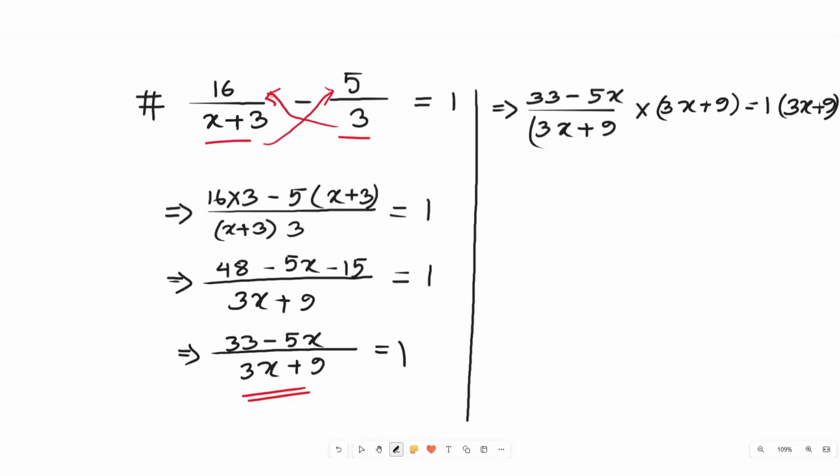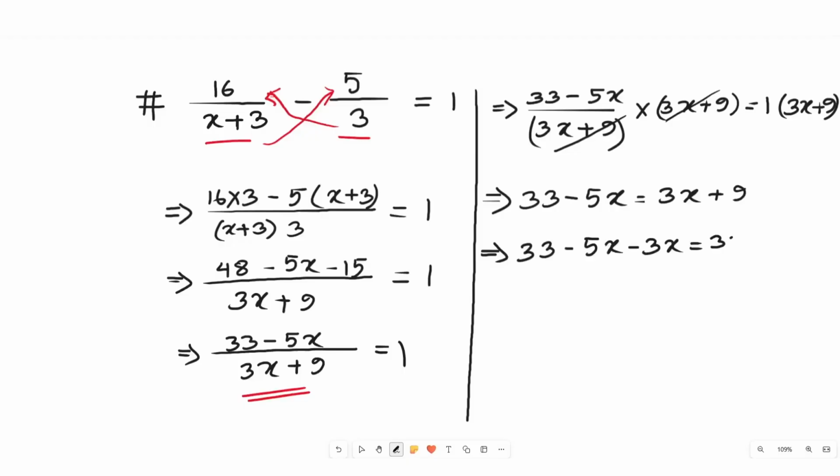Now, if we cancel out 3x plus 9, we'll get 33 minus 5x equals 3x plus 9. Now, we have to subtract 3x from both sides. So 33 minus 5x minus 3x equals 3x plus 9 minus 3x. So now we can write 33 minus 8x equals 9.